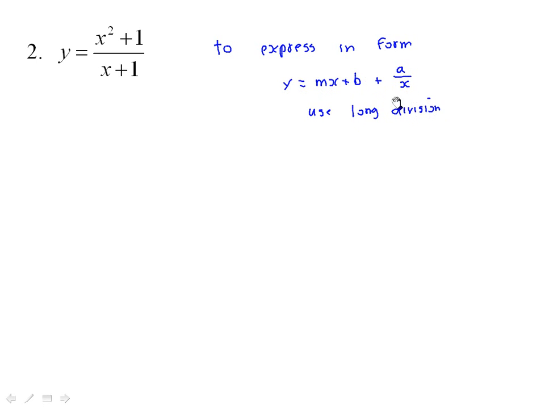Because what you're getting through division is a quotient, and then a remainder.